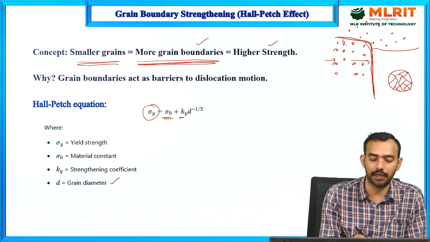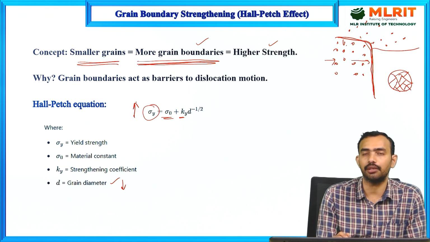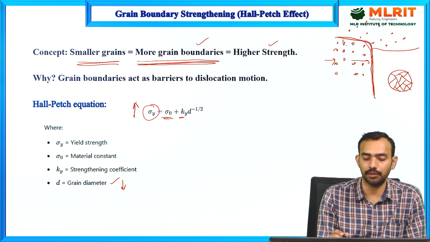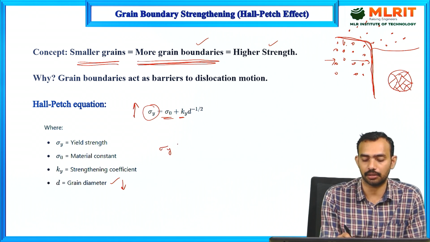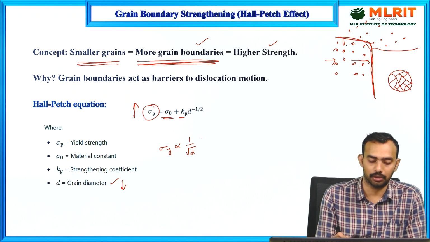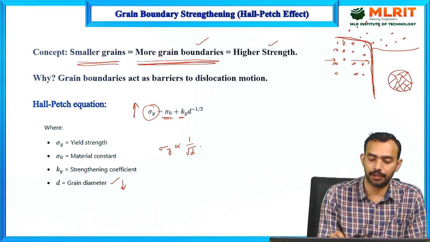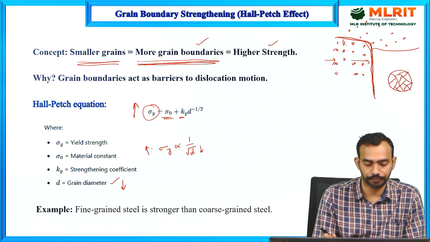If the grain diameter is reduced, the yield strength will be increased. That is the relation. So if the grain diameter is reduced, then strength can be improved. That is the concept here.